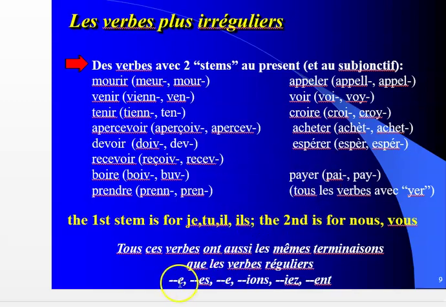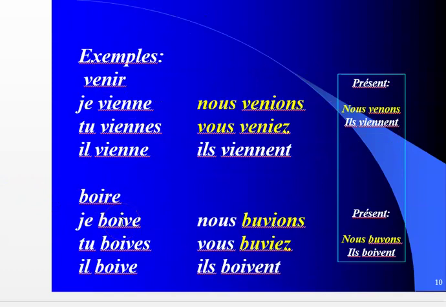All these verbs still have the same endings we've been practicing: e, es, e, ions, iez, ent. Again, if we go back to boire, we have je boive, tu boives, il boive, nous buvions, vous buviez, ils boivent. And nous and vous are different because the nous form of the present has a different stem than the ils form of the present.